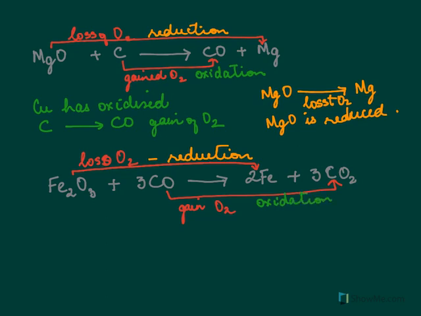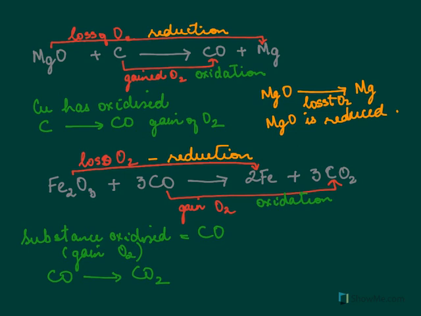So if I were to ask you which is the substance oxidized, you will say the substance oxidized is carbon monoxide. Why? Because it gains oxygen. The CO becomes CO2.